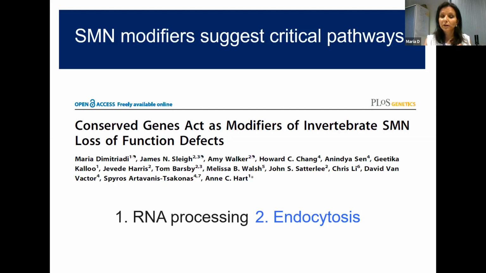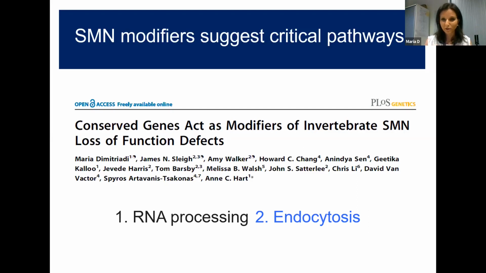Then we went back to our Drosophila fly collaborators and asked them the same question: can you find out if the same gene in the fly model of SMA makes the flies similarly happier or worse? I'm saying this because I want to stress that when you find a mechanism that's conserved, for example, from flies to worms, it's more likely to be important for human function as well.